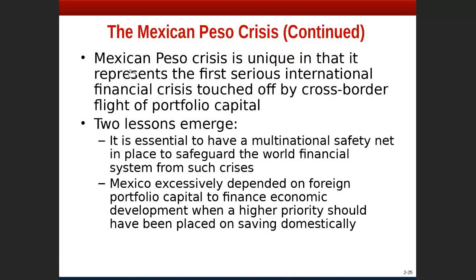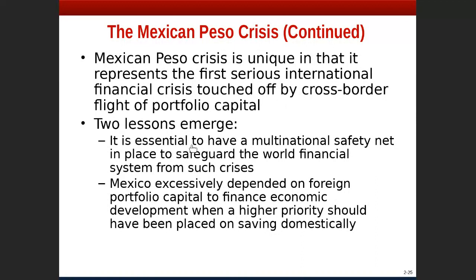Now, the Mexican peso crisis is unique in that it represents the first serious international financial crisis touched off by cross-border flights of portfolio capital.